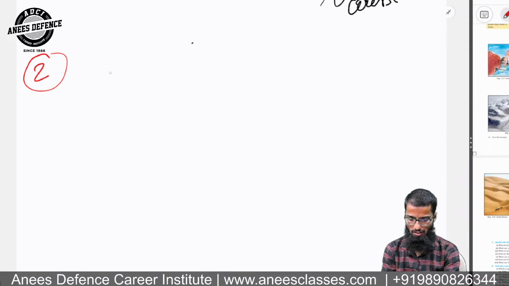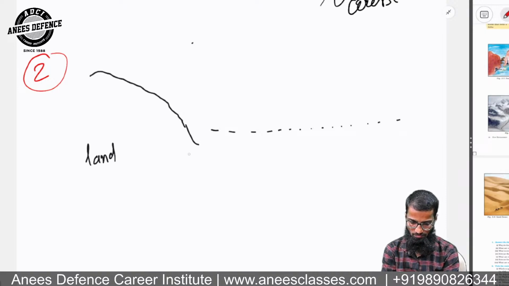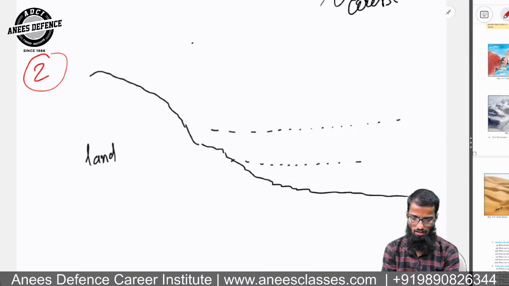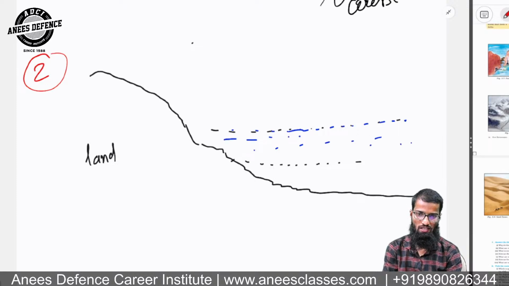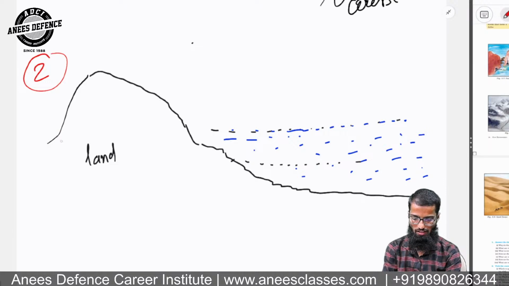So now remember this, for example, this is the sea area, this is the land area. Okay, and this is the sea, and you have water here. I'm just drawing the diagram, trying to draw it. Now you have a cave.